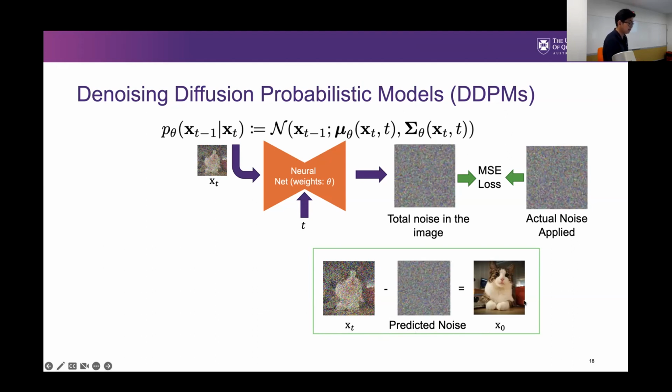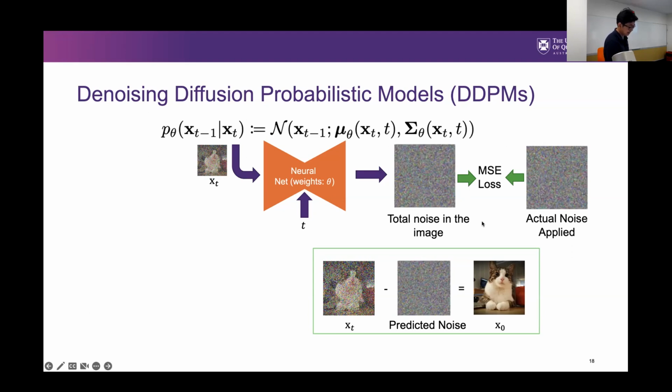In practice, it's not going to give us a clean image in one step. We still have to do the 1000-step iterative diffusion denoising process. But that's the learning objective: because we know how much noise we applied when we generated the data, we can just compute the loss. It could be MSE loss or L1 loss.